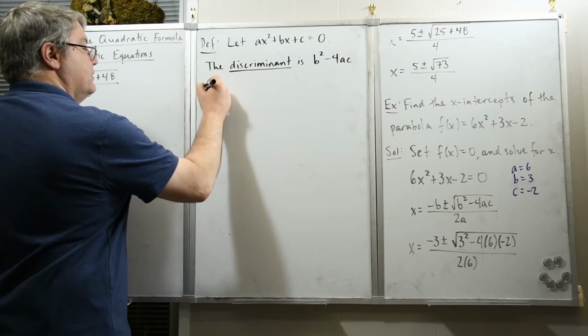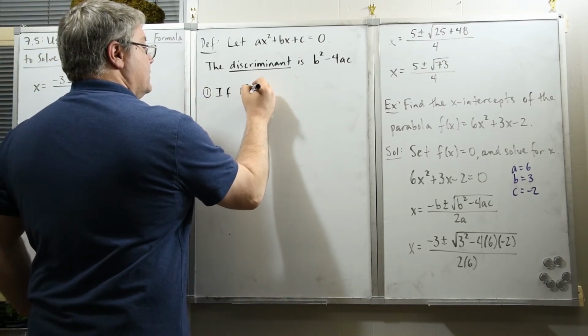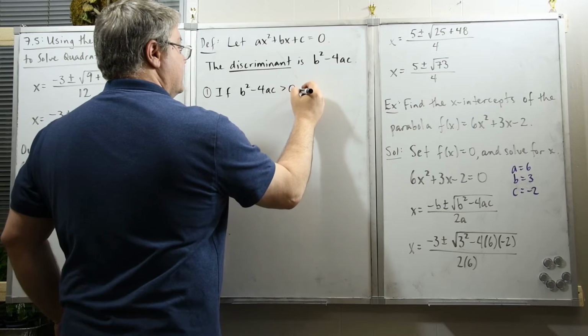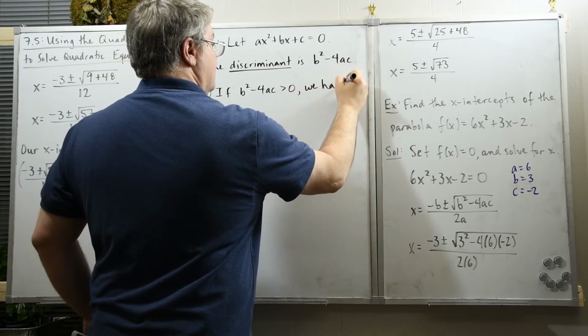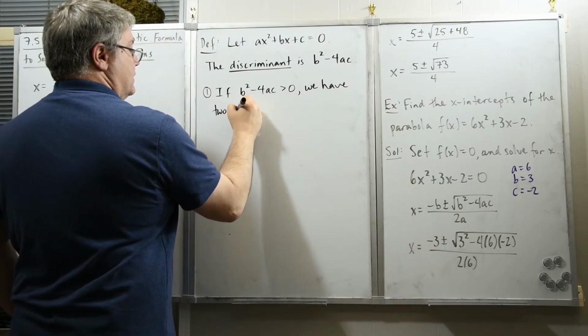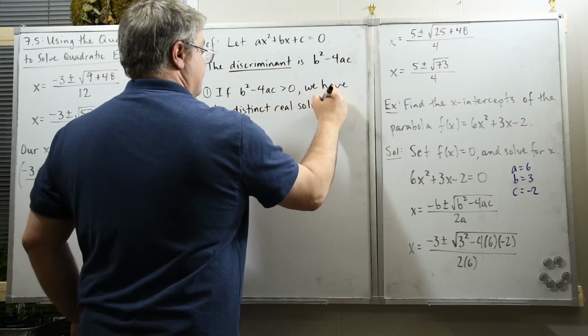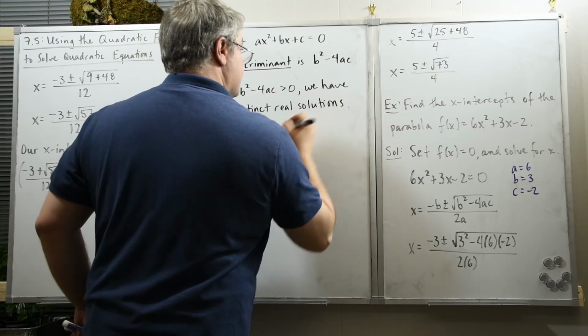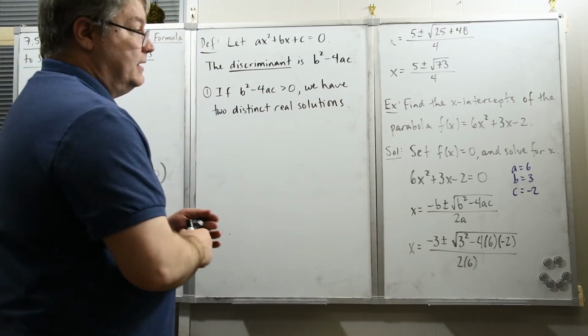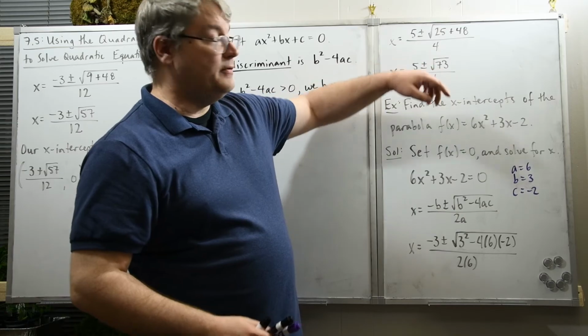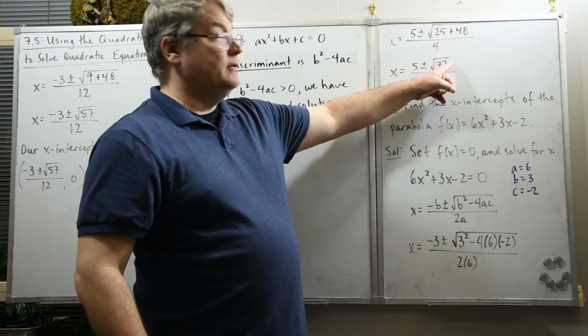Now, if b squared minus 4ac is greater than 0, we have two distinct real solutions. If you take a look at the example that was finished off here, b squared minus 4ac was 73.